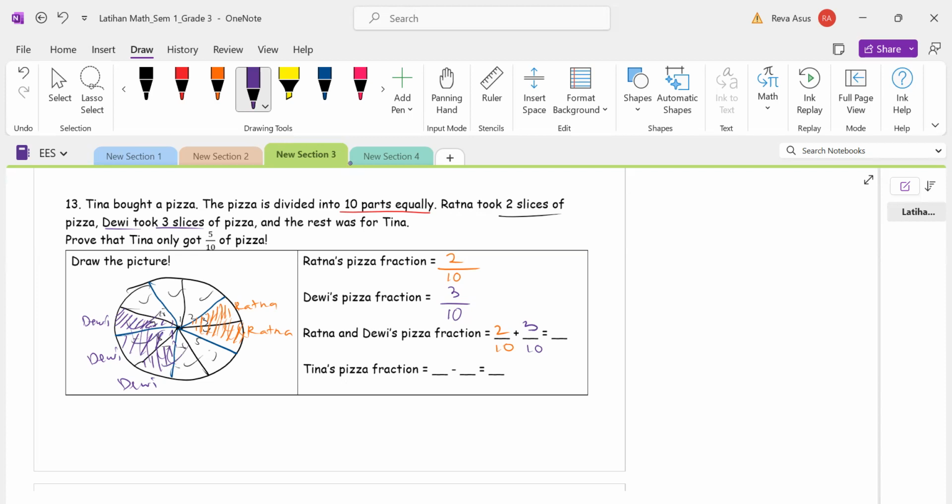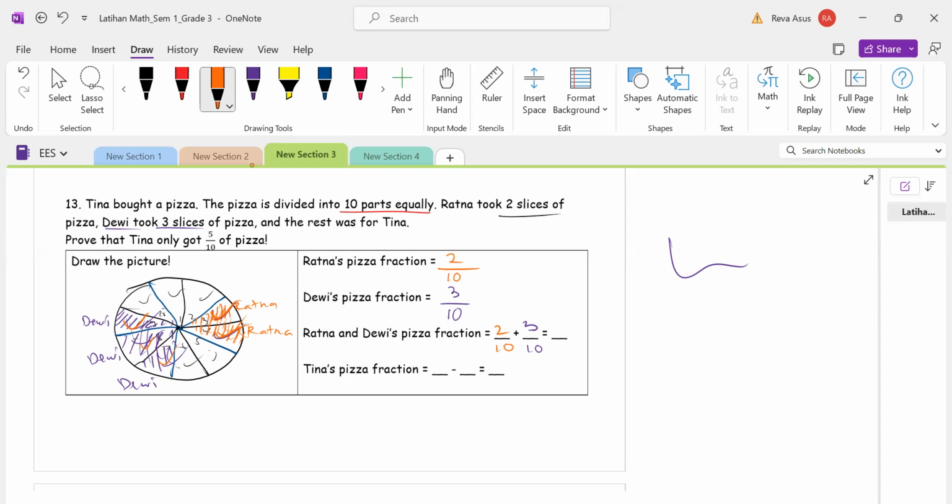Dewi here. Ratna here. So if we combine them all together, it became 1, 2, 3, 4, 5. It's going to be 5 parts out of 10.